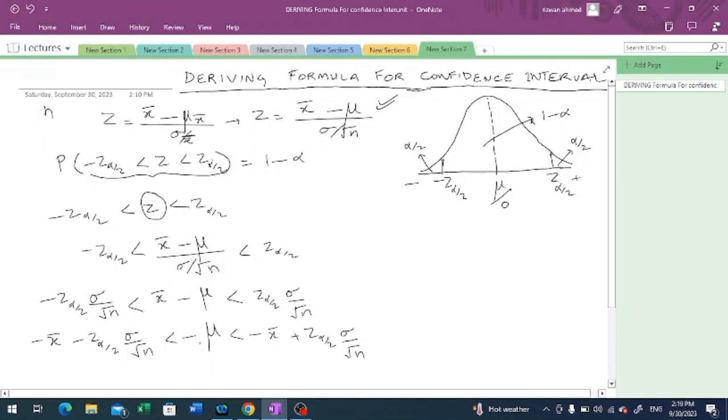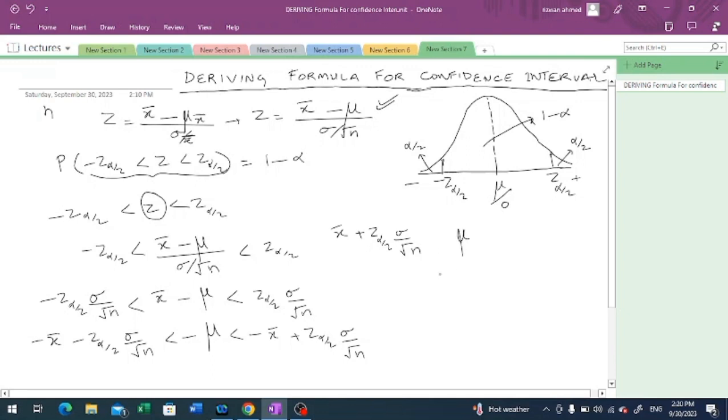Now we need to remove in the end the minus sign that is attached to mu. When we multiply this inequality by minus 1 throughout, we can get the negative sign removed from the center. Multiplying the left hand side, or the lower bound of this inequality, by a minus 1 factor will change its sign, and this will become x bar plus z alpha by 2 times sigma divided by root n.